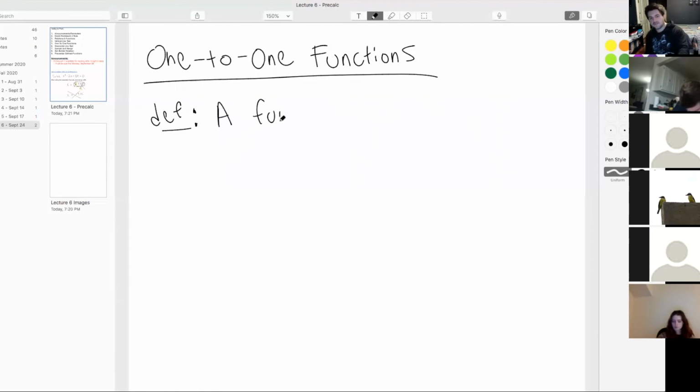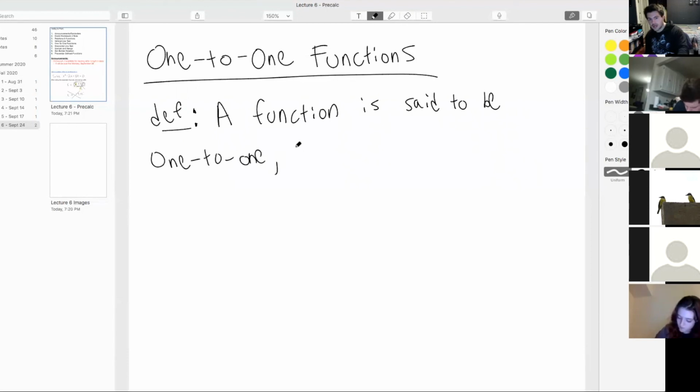All right, a function is said to be one-to-one, 1-1, or injective. All of these things mean the same thing.